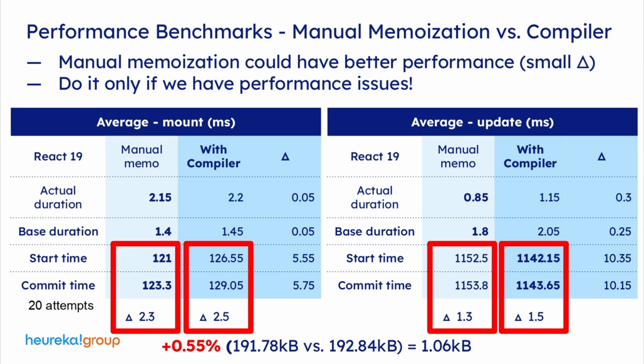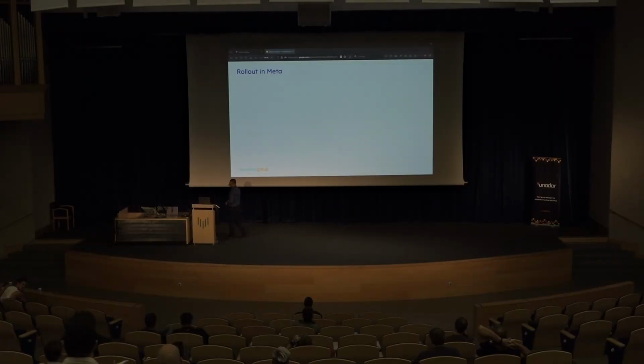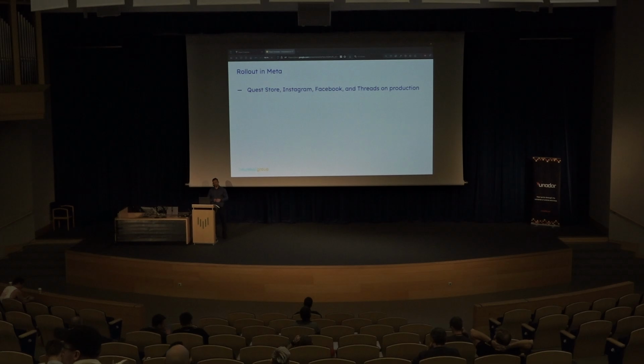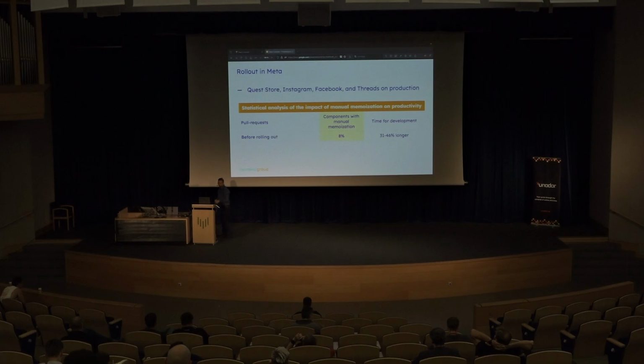And I think you can focus more on your code. For example, there is a rollout in Meta, with very amazing numbers and facts. Meta has rolled out the profiler to Quest, Instagram, Facebook, and even Threads in production. They made a statistical analysis of the impact of manual memoization on productivity.